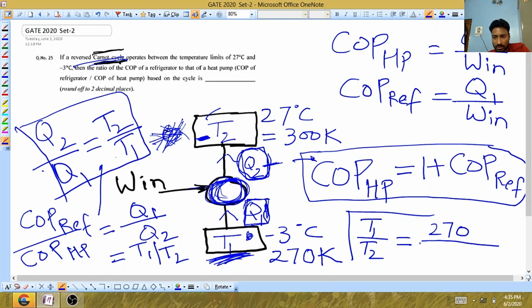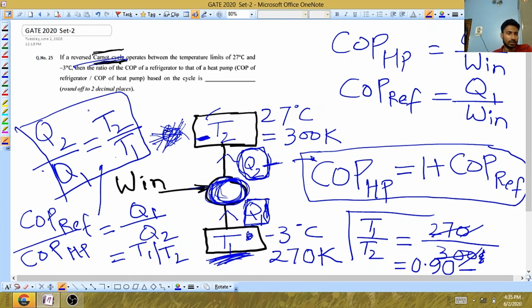T2 is 300 Kelvin. So just solve it. You will get this value as 0.9. And they have said round off to 2 decimal places, so since no digit is present, you can place a 0. So the answer will be 0.90.